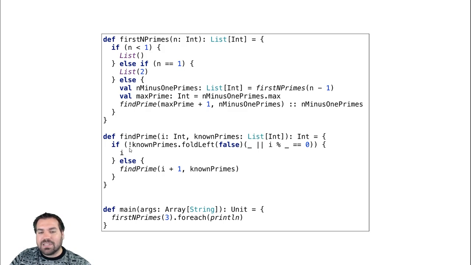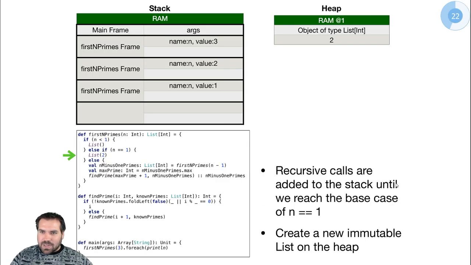If it's divisible by any of those primes, check the next number. So as long as the next prime exists, I'm getting closer to my base case, and I'm eventually going to find the next prime just by checking each prime up the list. By no means is this the most efficient way to find primes, but it works, and it gets to show off immutability and recursion, two examples of recursion in the same example. So that's why I'm going to compute them this way.